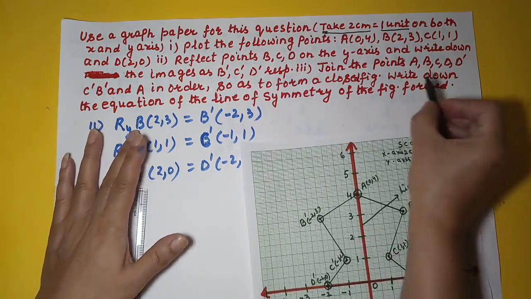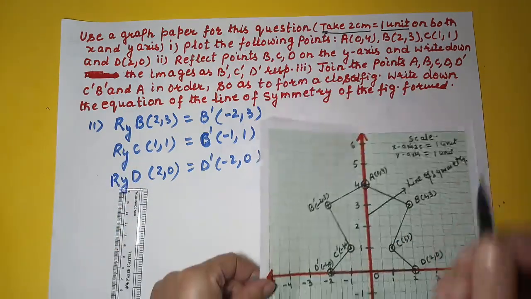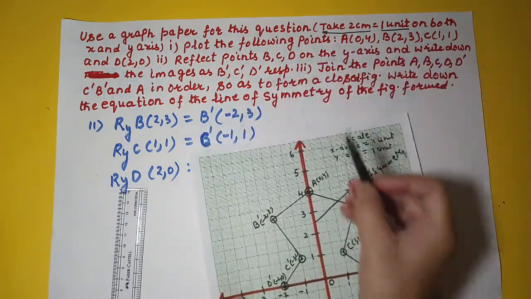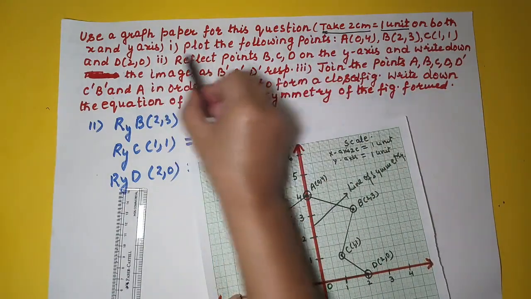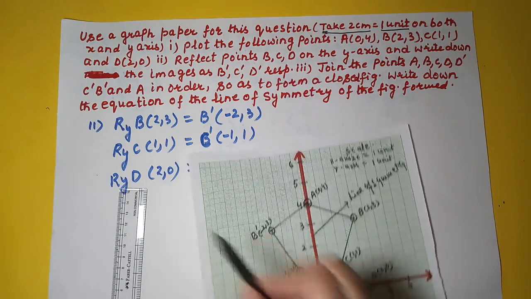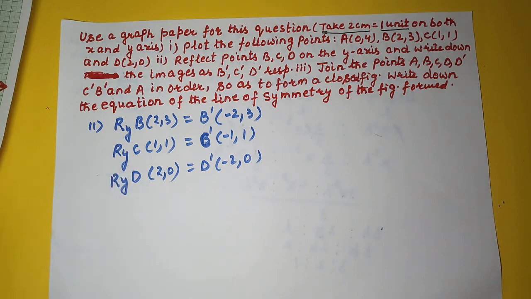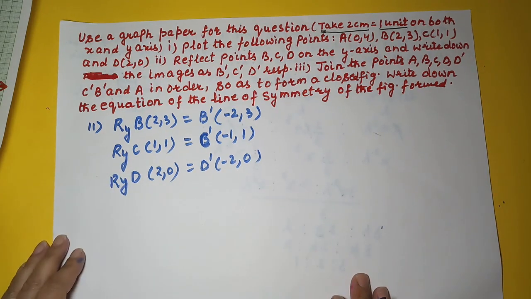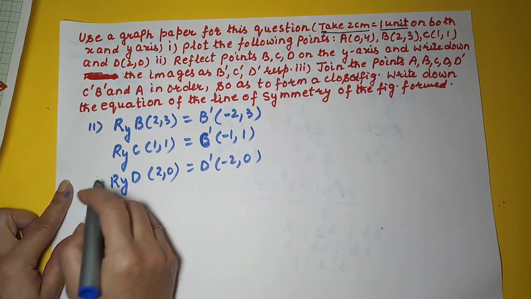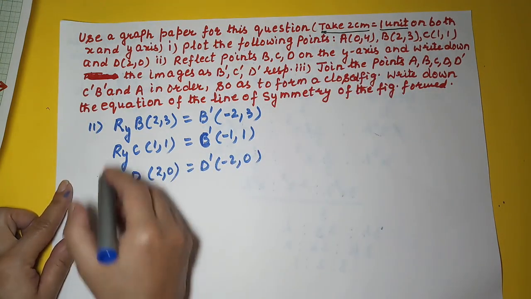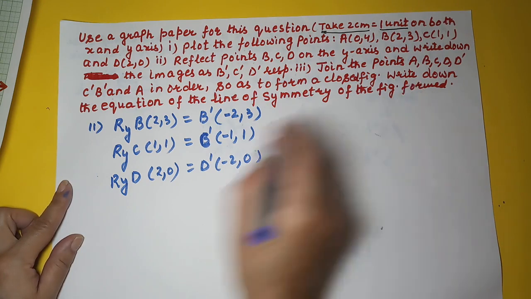Now, he's asking us to write down the equation of the line of symmetry. As I told you, you don't have to write the answers for these questions on the graph paper. You should write the answers separately on the full scape which is given, right? Third part we have joined. Fourth part is write down.